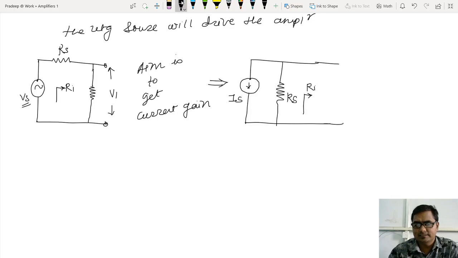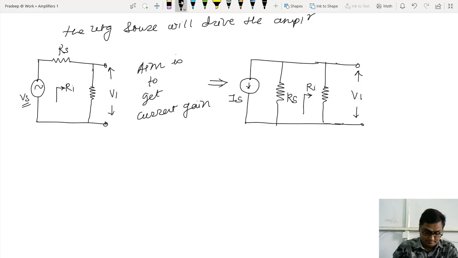So let me draw it here. So this is the input impedance Ri, and this is the input voltage V1. Now try to understand why I am doing this. Because we are interested in current gain. We are interested in current gain with reference to the voltage source.